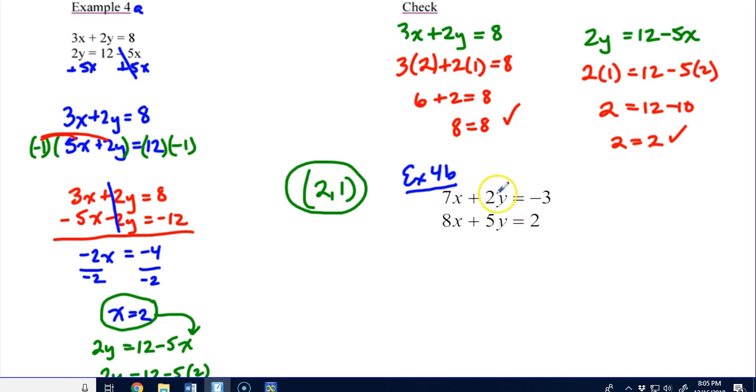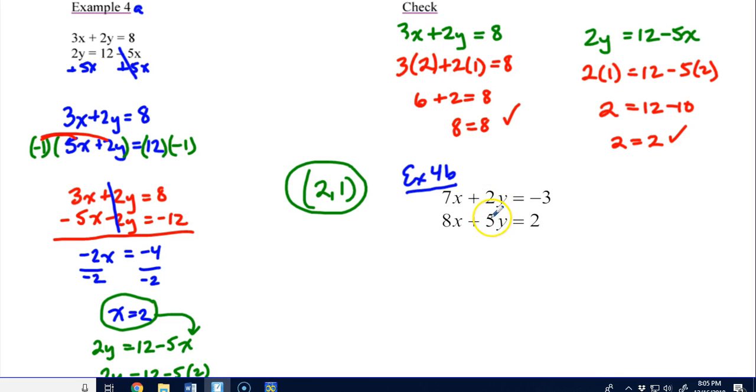So if I'm looking at this, I would like one or the other of these variables to have opposite coefficients. I would like either the x's to have opposites or the y's. Your choice. Because the y's have smaller numbers, I'm going to go with that. And so essentially I'm thinking about what coefficient can I get that 2 goes into and 5?